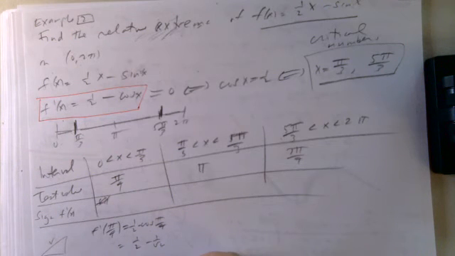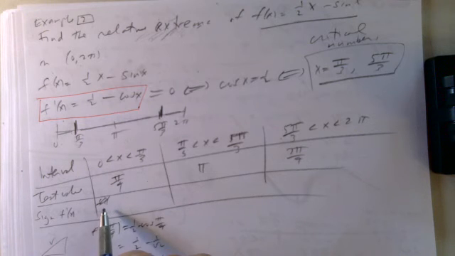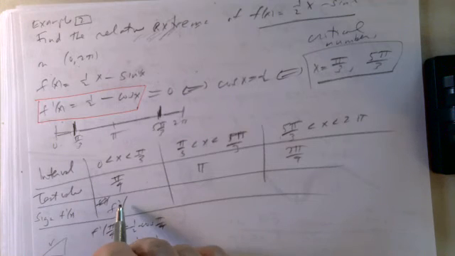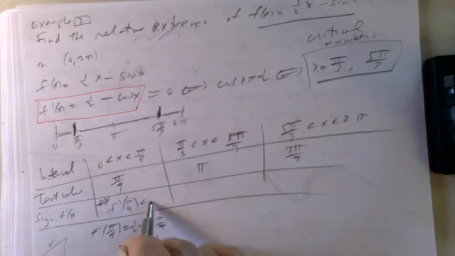So this is 1 minus root 2 over 2, which is negative. So here, the sign of f prime at pi over 4 is negative.